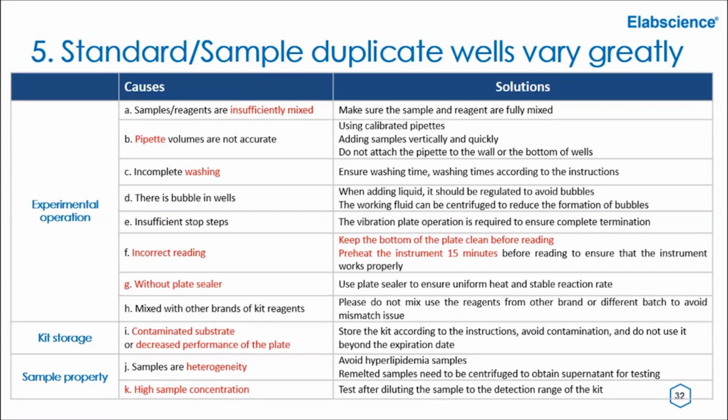In addition to the operation details we have talked a lot about before, it is also needed to pay attention to the instrument preheating and plate bottom cleaning before the data reading step. And it is necessary to ensure the uniformity of the test samples and to avoid the hook effect or cross-well contamination caused by the high sample concentration.